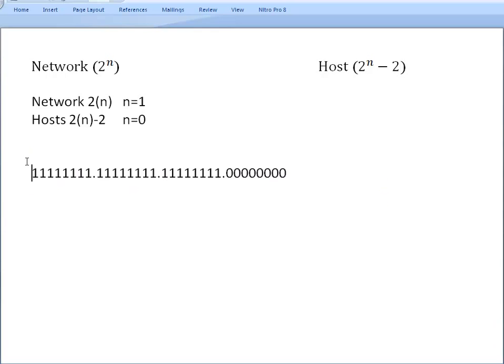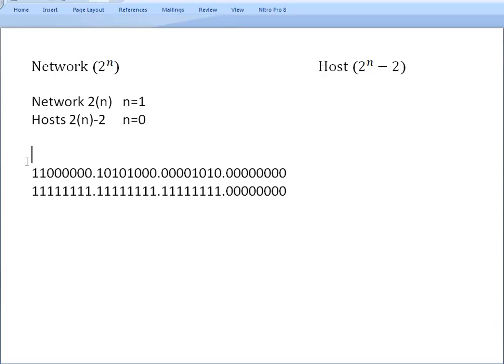Now say that I have an IP address. You've been given this IP address, 11000000.10101000.00001010.00000000. Hopefully you will know what this IP address is in decimal.